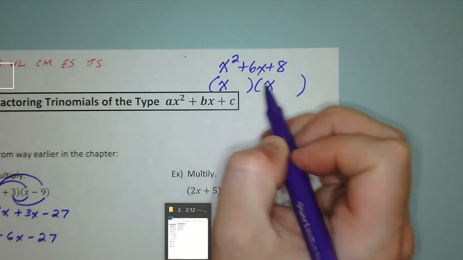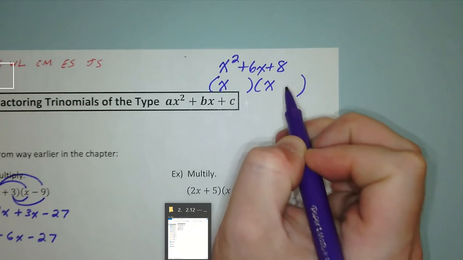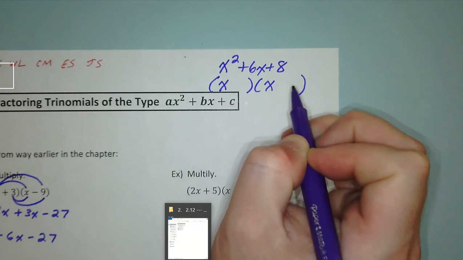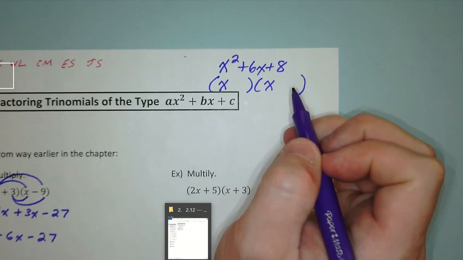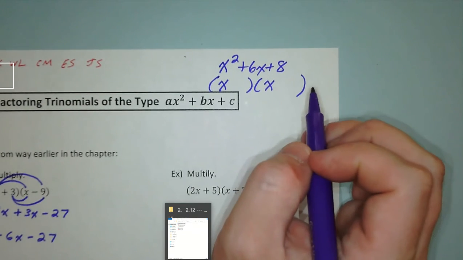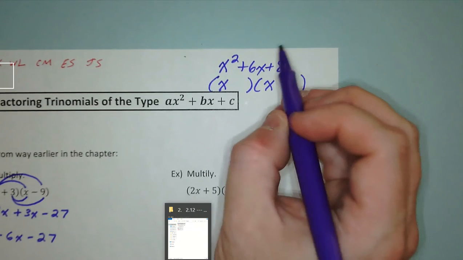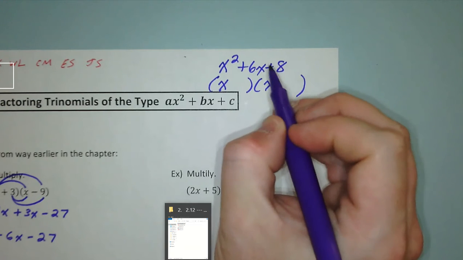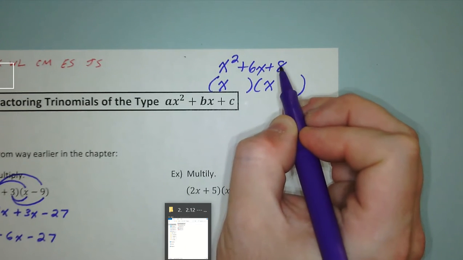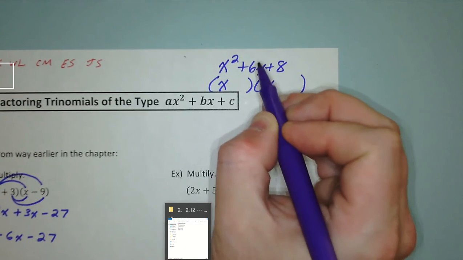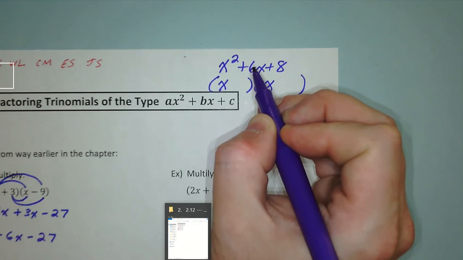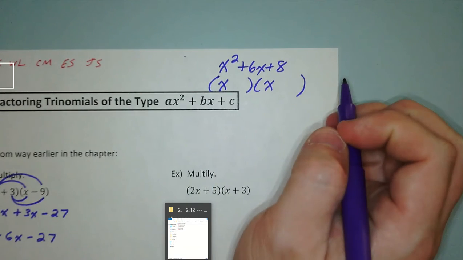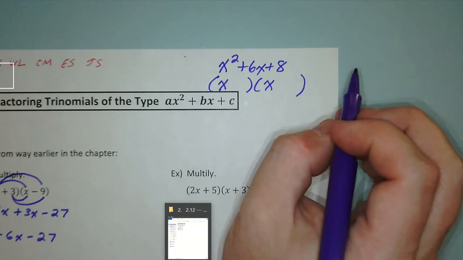And if that is the case, figuring out what these two numbers have to be is also really easy, because all you're really doing, Aaron, is figuring out what two numbers would have to multiply to make positive 8, but they would also have to add up to positive 6. Do you think you could figure that out, Aaron?